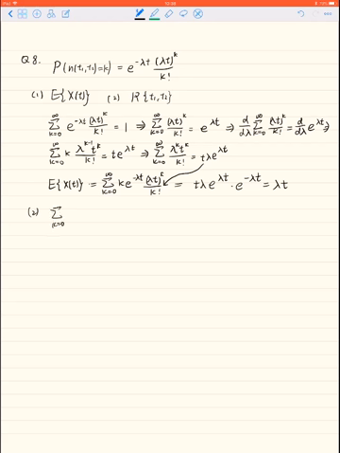Since the sum over k from 0 to infinity of k times lambda to the power of k minus 1 times t to the power of k divided by k factorial equals t times e to the power of lambda t, we take the derivative again, and that becomes the sum over k from 0 to infinity of k squared lambda to the power of k minus 1 t to the power of k divided by k factorial equals t times e to the power of lambda t times (1 plus lambda t).